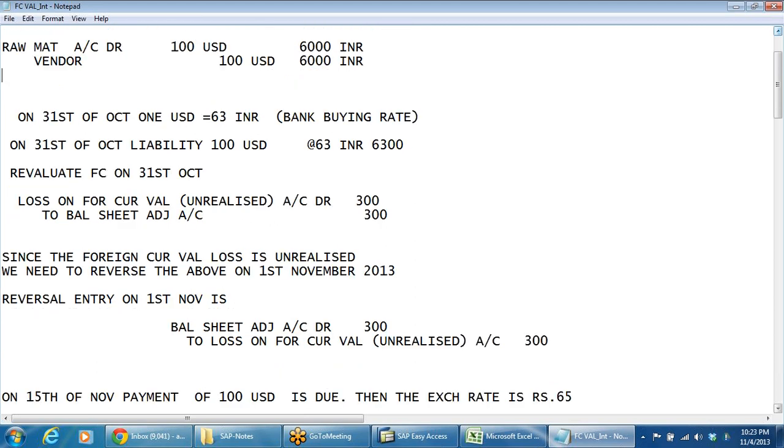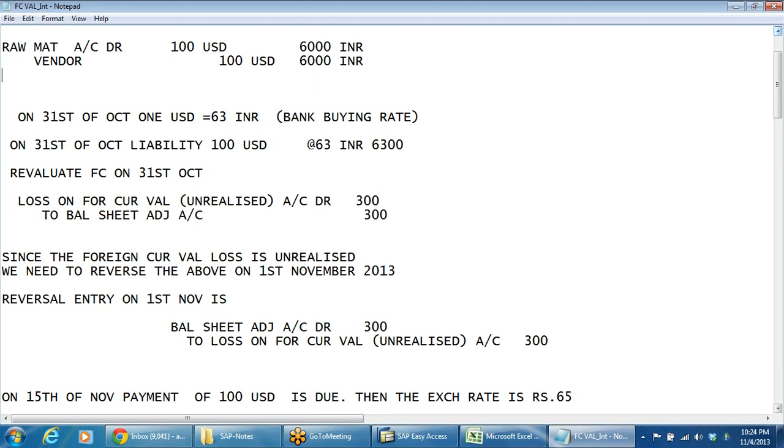On 31st of October, this is as per foreign currency revaluation as per the accounting standards. I think if I'm not wrong, it is going to be accounting standard 21 or 17. I don't remember. As per Indian accounting standard, it is there like the accounting standard of every country, not only India, US GAAP or IFRS, whatever it may be.